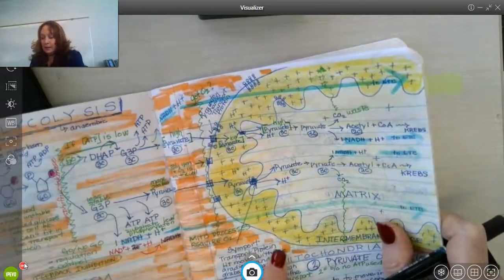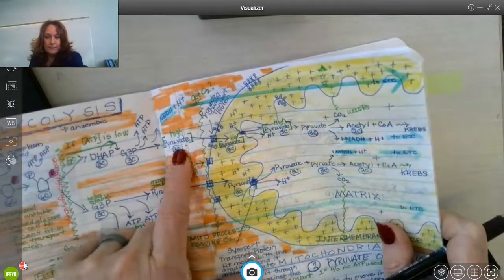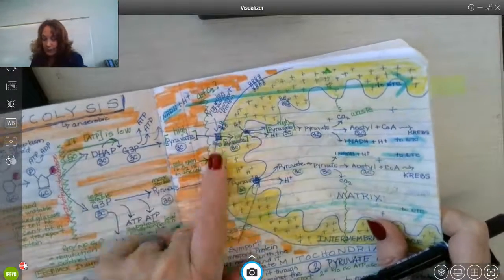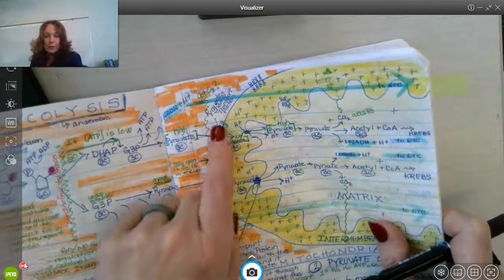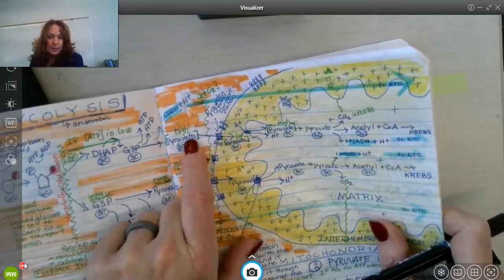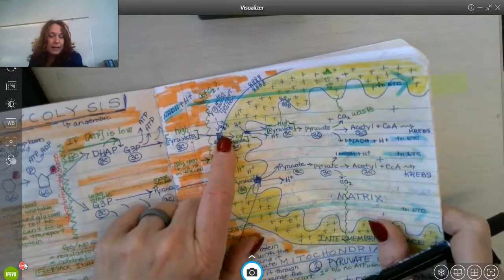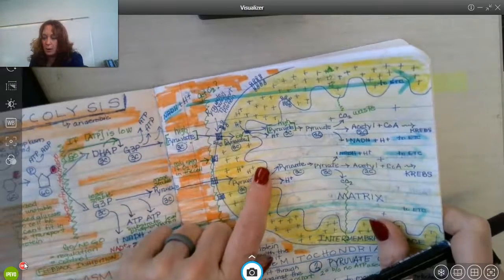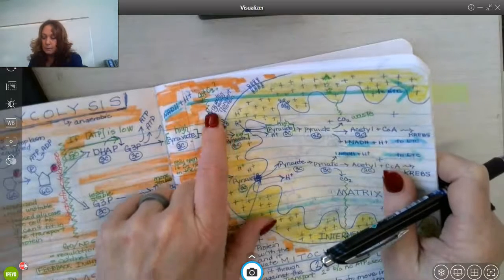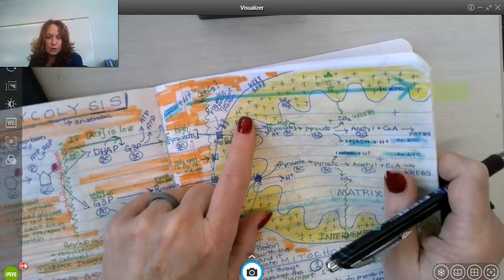In the presence of oxygen, this pyruvate transport protein that's in the outer membrane of the mitochondria is gated, and so when there's oxygen present, pyruvate can move in, and it moves in according to that whole gated piece with if you have oxygen or not.